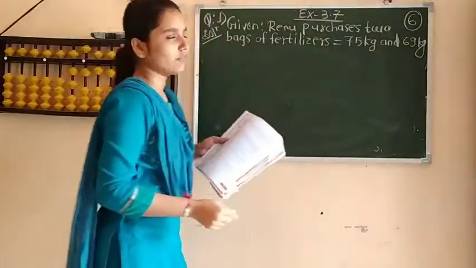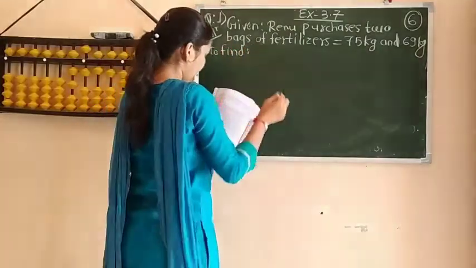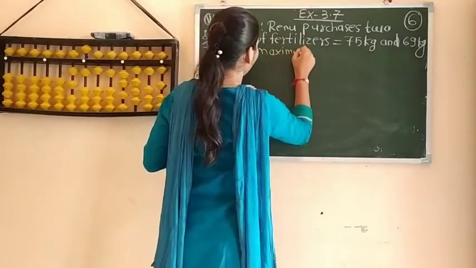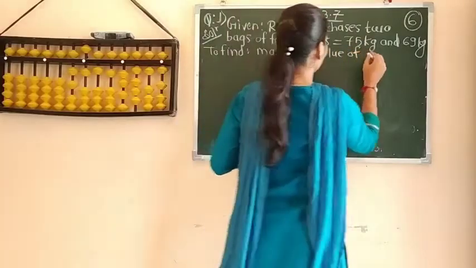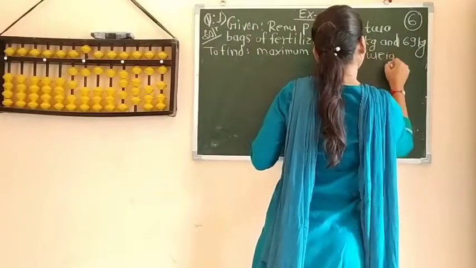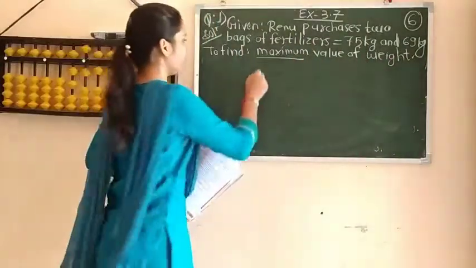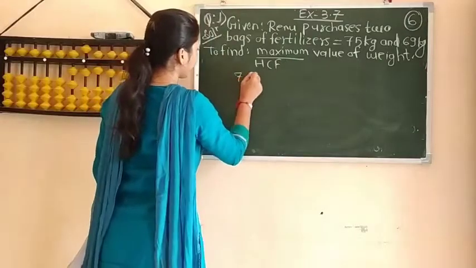Fine. And what do you have to find here? To find the maximum value of weight. As the word maximum is here, what will you find? HCF. So you know how to find HCF.